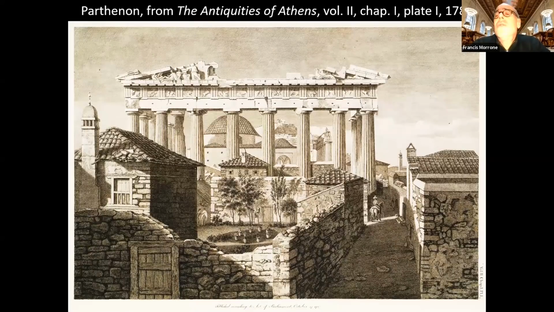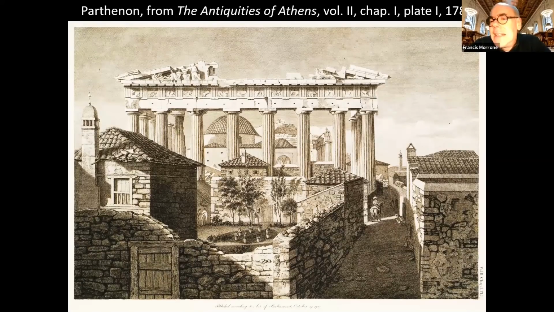Stewart and Revet were young men who in the 1750s set out for Greece. They were both very cultured young gentlemen. Stewart had actually worked in Italy as a tour guide or cicerone, and together they ventured to Greece. Why should this be remarkable?